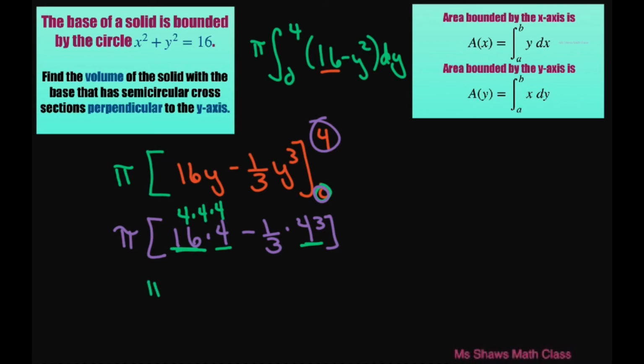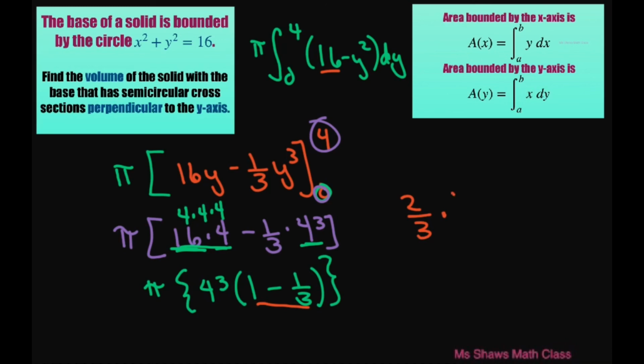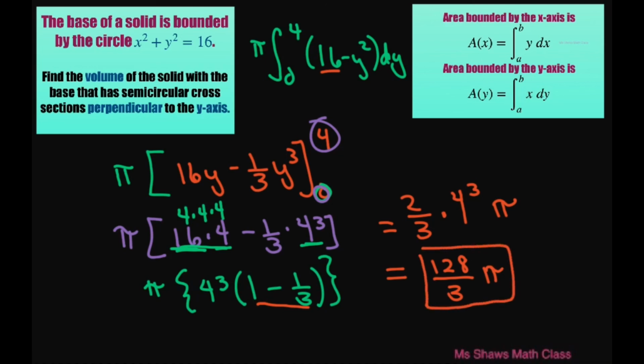So I can write this as pi times 4 cubed times 1 minus 1/3. All right. So this is going to equal 2/3. So you get 2/3 times 4 cubed times pi. And this is going to give you 128 divided by 3 pi as the volume of the solid.